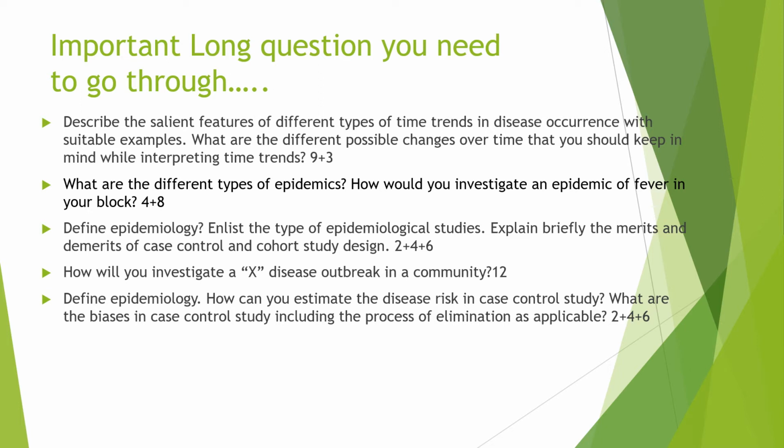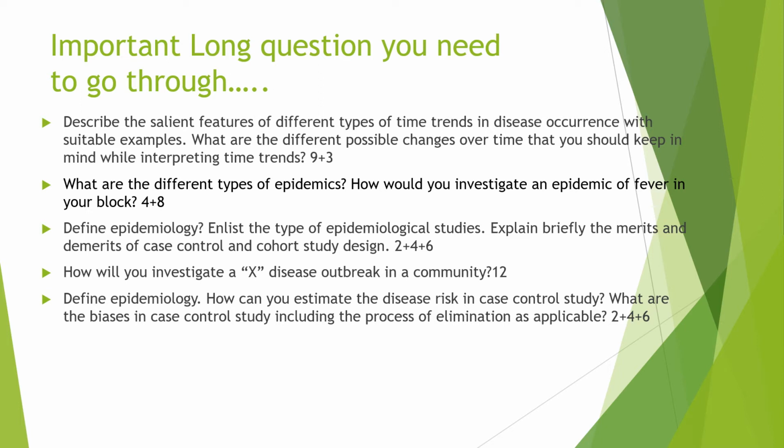And a very commonly asked question is how to define epidemiology. As we all know by now, it's a vast and expansive subject, and it is important to know the types of epidemiological studies. They form almost the foundation of anything you attempt to do in epidemiology. And we should know the merits and demerits of these study designs as well.